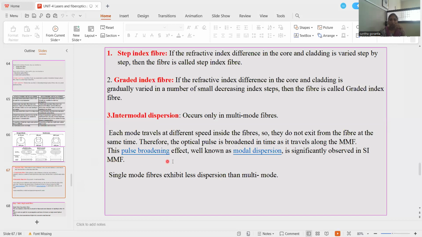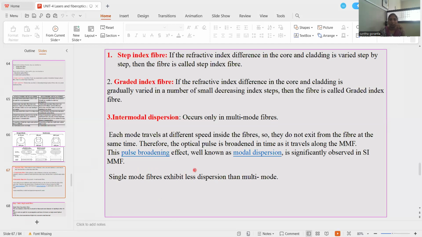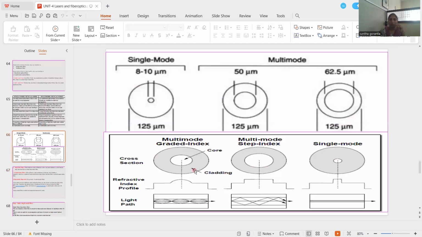This pulse broadening effect, known as modal dispersion, is significantly observed in step index multimode fibers. See, this is the step index multimode fiber.